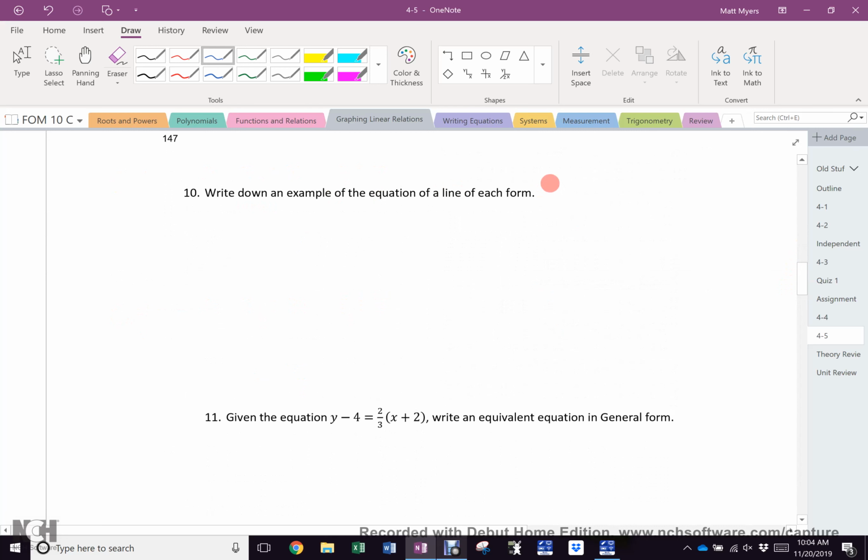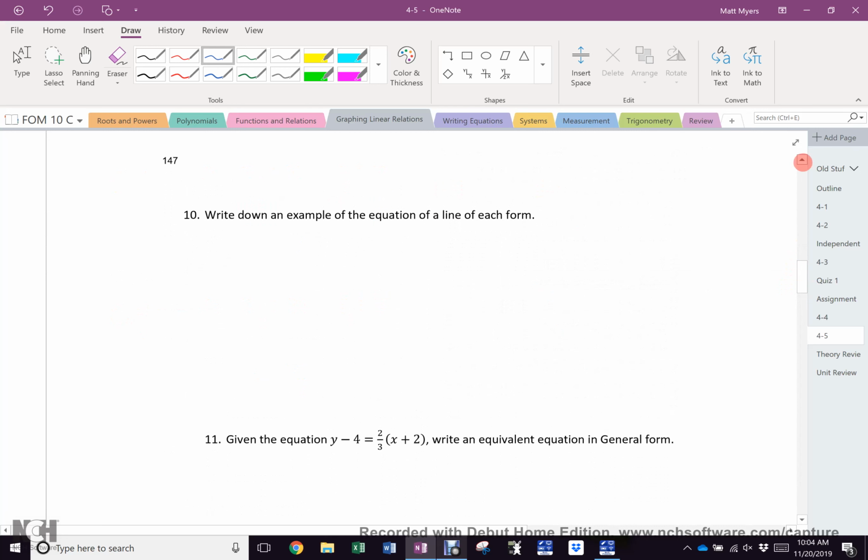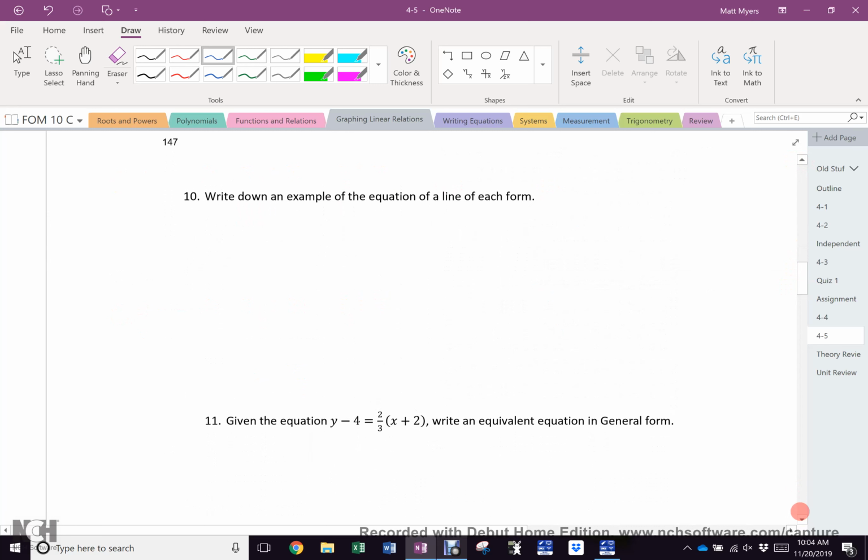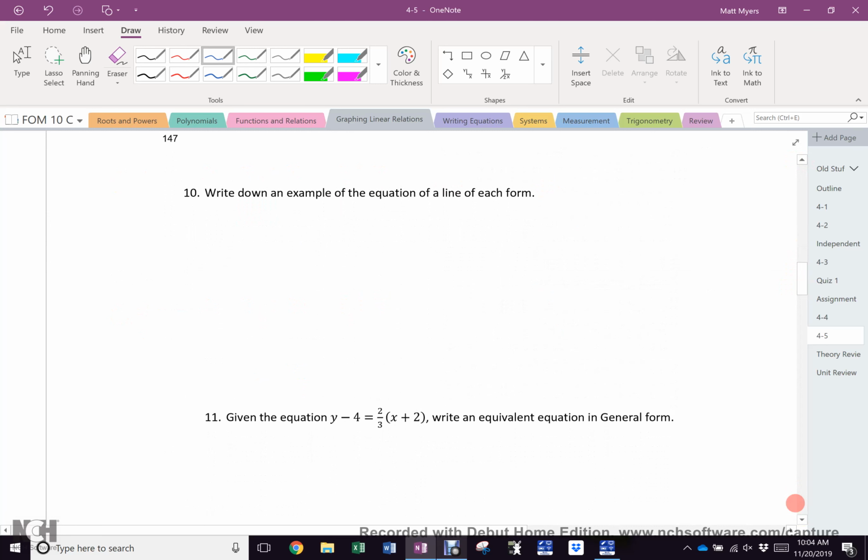Write down an example of the equation of a line in each form. So, we need the equation of the line in each form. How many forms do we have? 3 and a bit, right? Because standard and general form are almost exactly the same, yeah? Okay, so we need the equation of a line in all the forms.